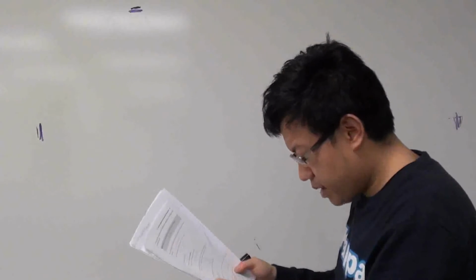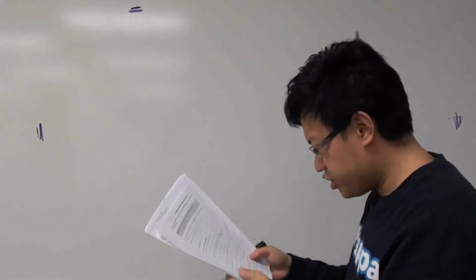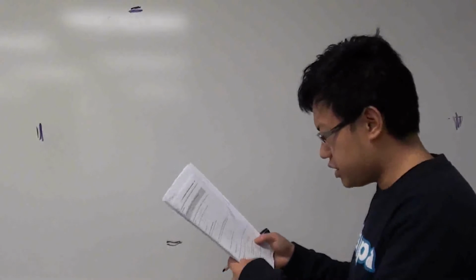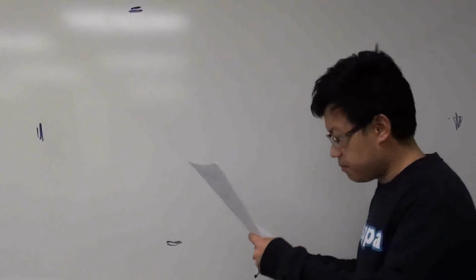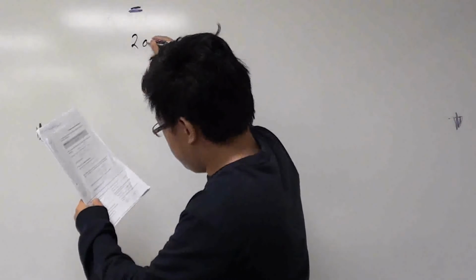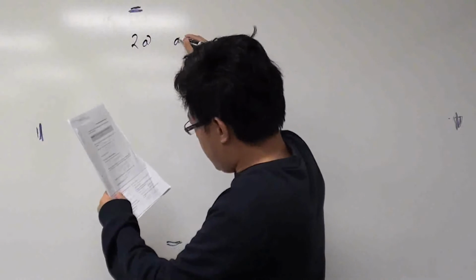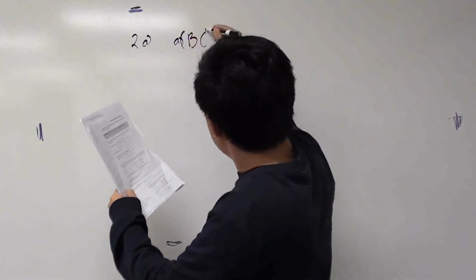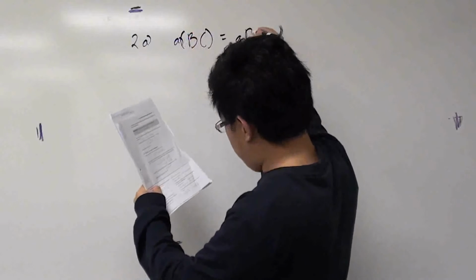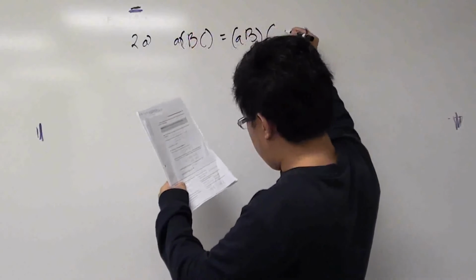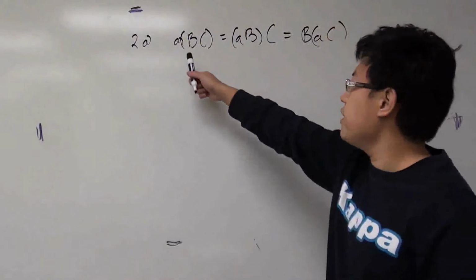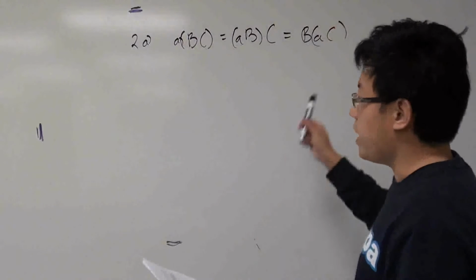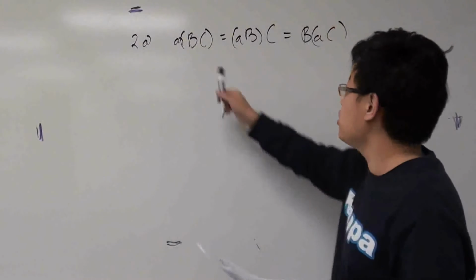So, since one is pretty straightforward, let me just do this one so that we have a decent idea. Let's try 2A as an example. That's A times B times C equals A times B times C equals B times A times C. You're just filling in the A's and the B's so that whatever number you get should be the same for all three.